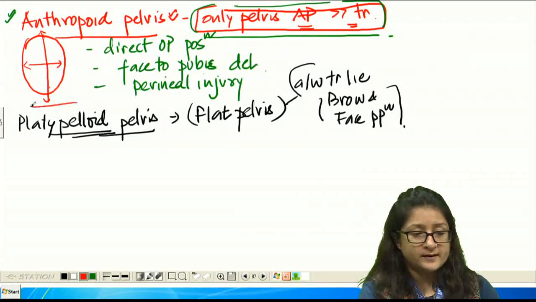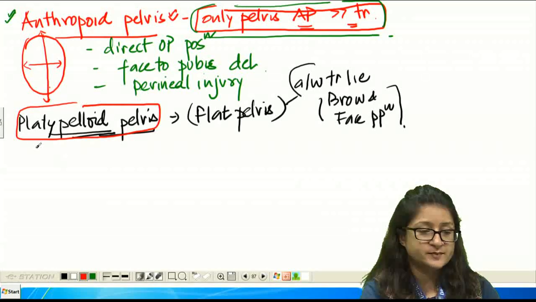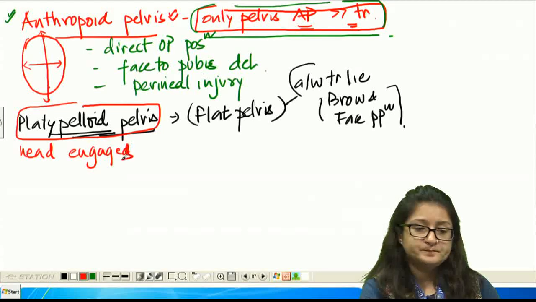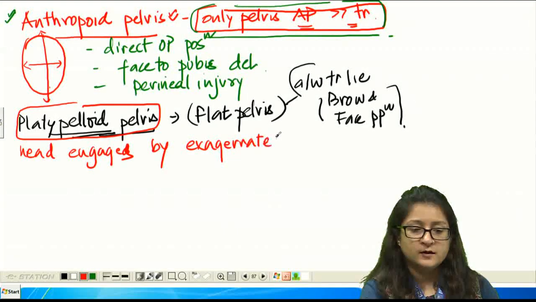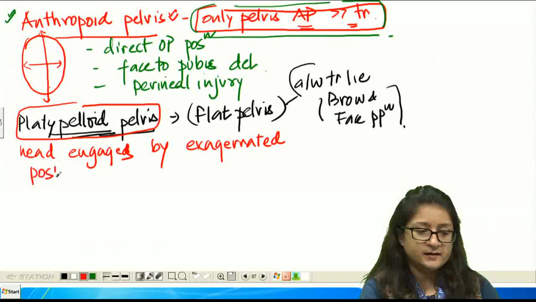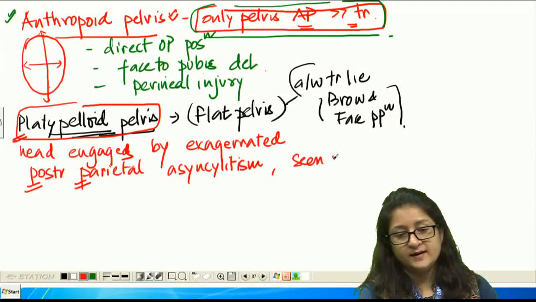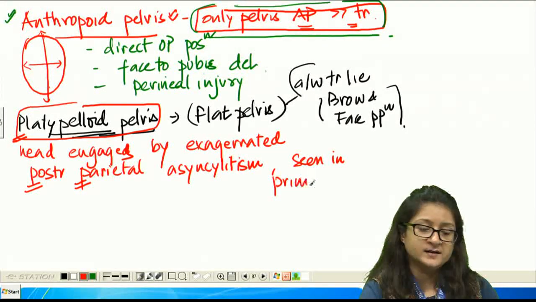Another important point, the head in a platypelloid pelvis engages by exaggerated posterior parietal asynclitism. So this is all P. Remember platypelloid, remember posterior parietal asynclitism, and this is mainly seen in primigravidas.